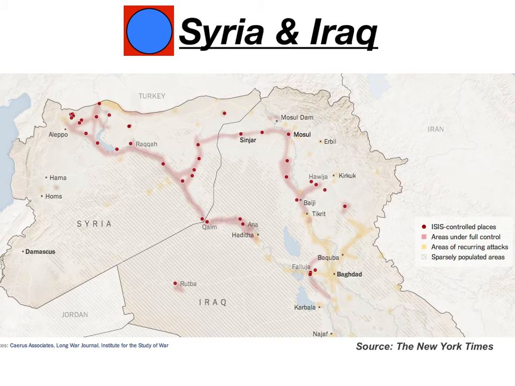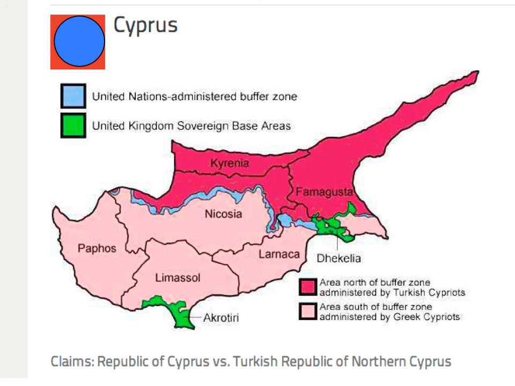So Syria there are claims by many different groups on territory, as well as Iraq. And of course, the major power in the north of Iraq and Syria are the Kurds, and also ISIS or Daesh or ISIL, whatever you want to call them.